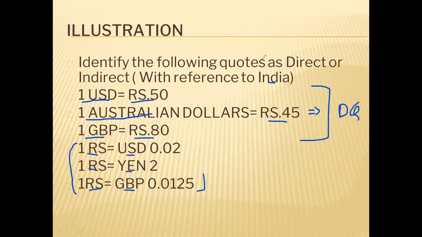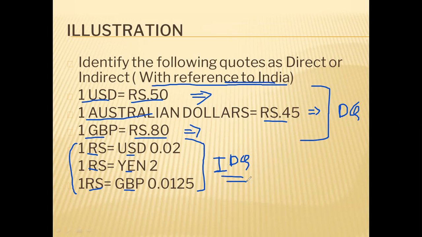From the point of view of India, it is very clear because in India, home currency is rupees. So you have to see: if home currency is on the left hand side and foreign currencies are on the right hand side, you can call it an indirect quote. If foreign currencies are on the left hand side and home currency is on the right hand side, you can call it a direct quote.